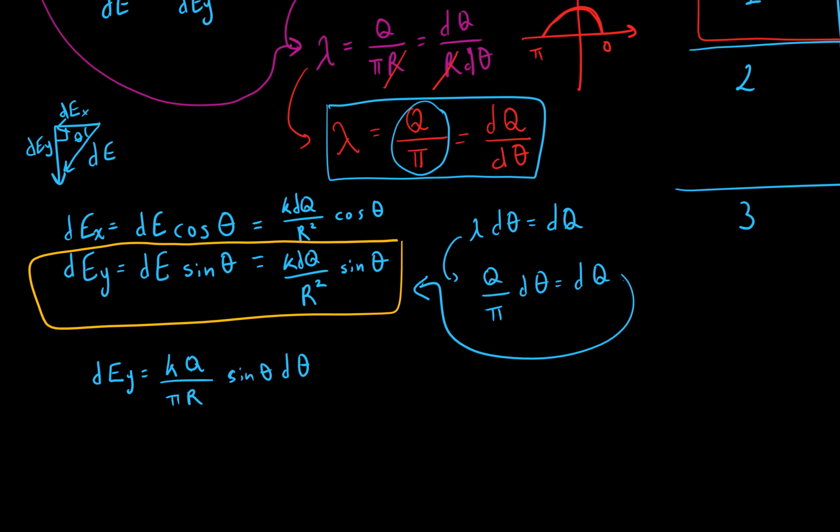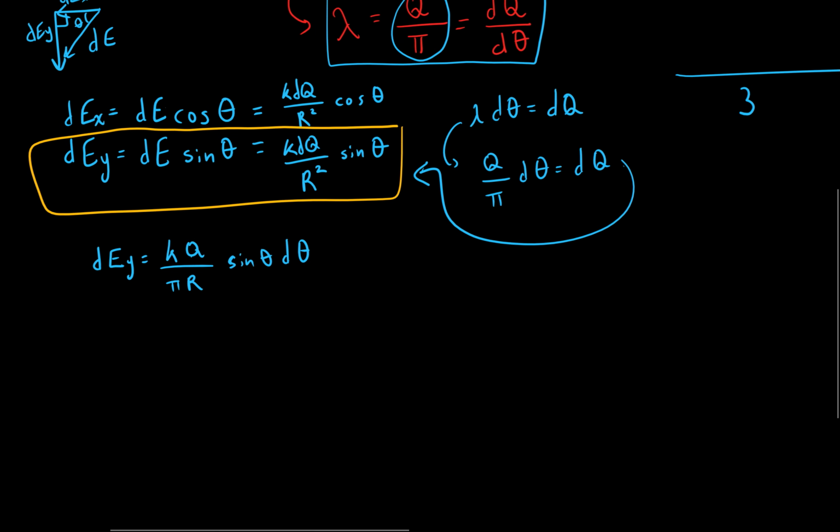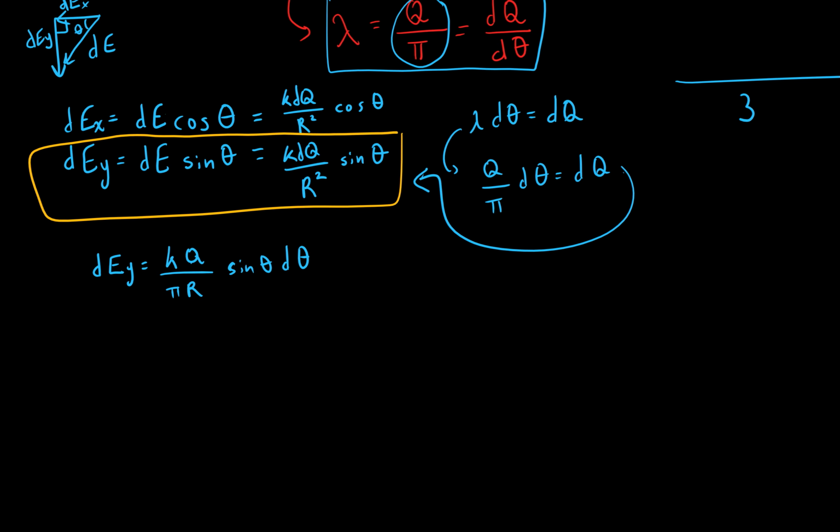And I know the bounds for theta here. Remember, it's a semicircle, so we're going from 0 to pi. So let's keep going with this, or actually we'll continue this in another video.